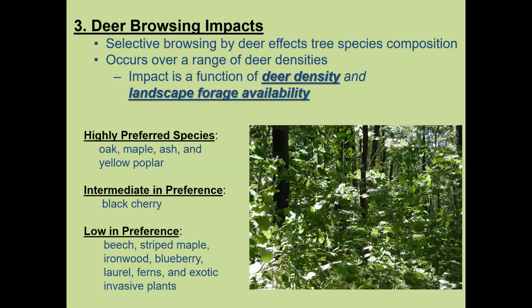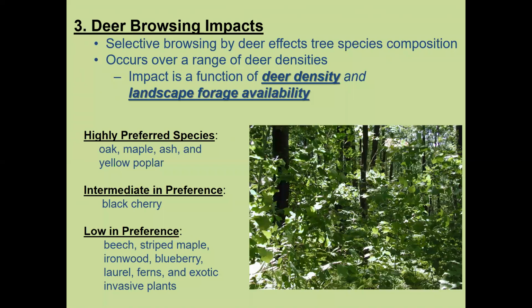And I like to use the word deer impact and get away from talking about the numbers of deer, because impact is a function of the density of the deer as well as landscape forage availability. And so even at very low densities of deer on a low forage landscape, we can still have very high impact.